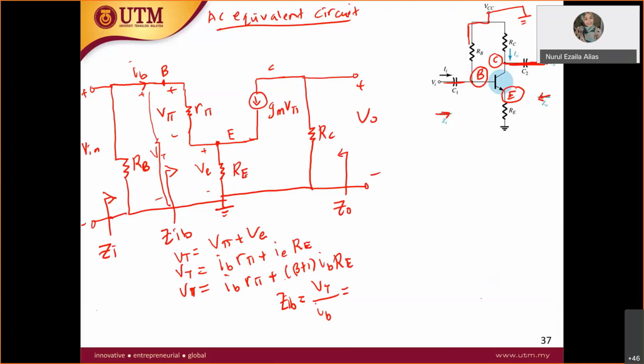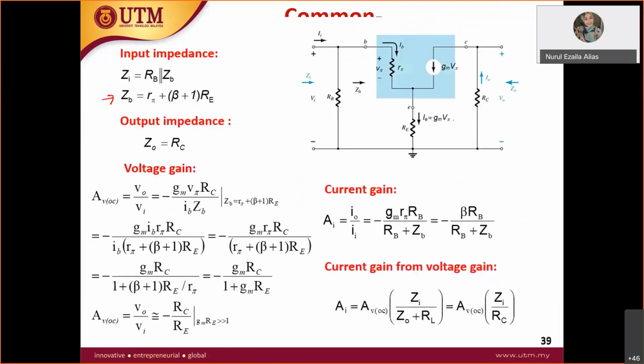If you take out these both IB, the equation will be left with R pi plus beta plus 1 RE. So Z in B is equal to R pi plus beta plus 1 RE. That's what has been written in the textbook here.